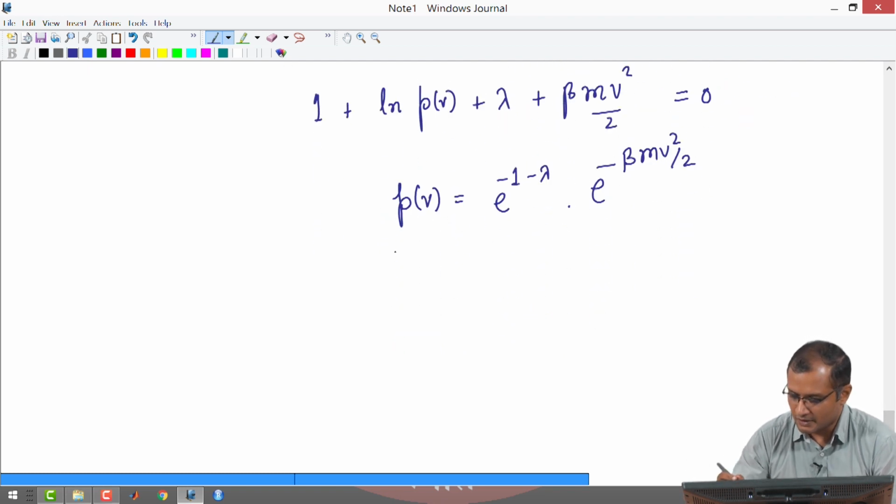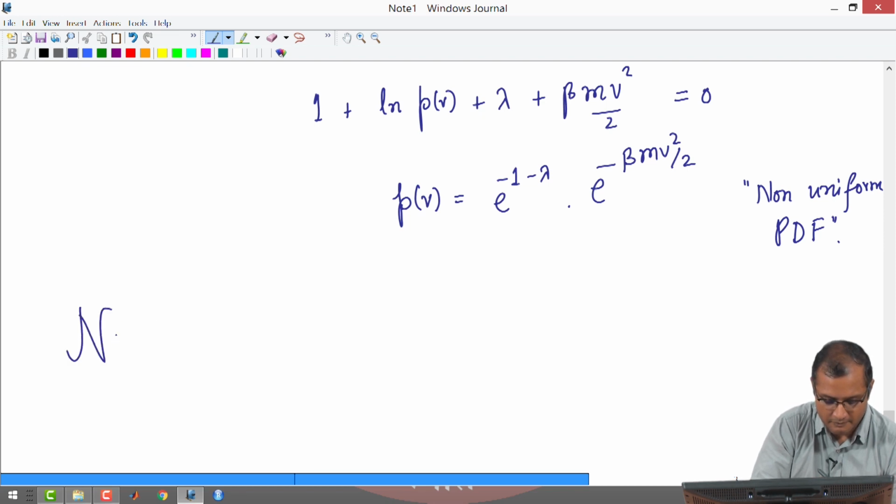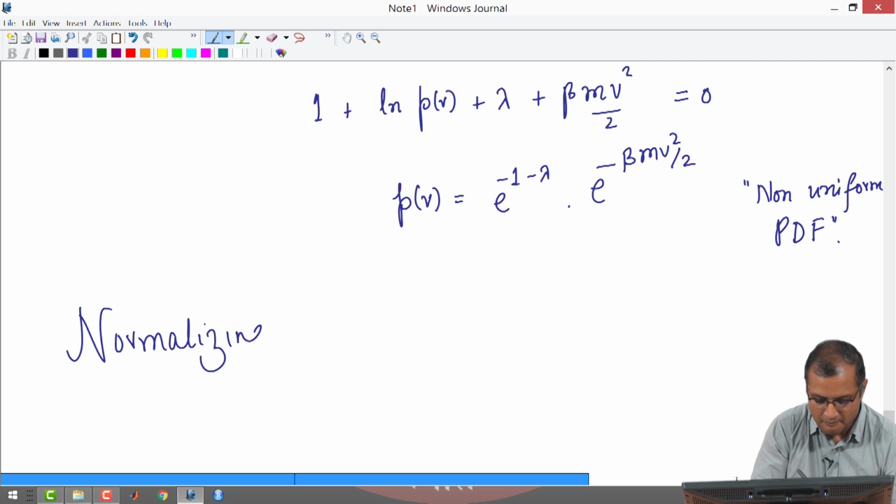And so, now you can see that this is also a non-uniform PDF. So, let us normalize it. I am going to find a normalization constant.